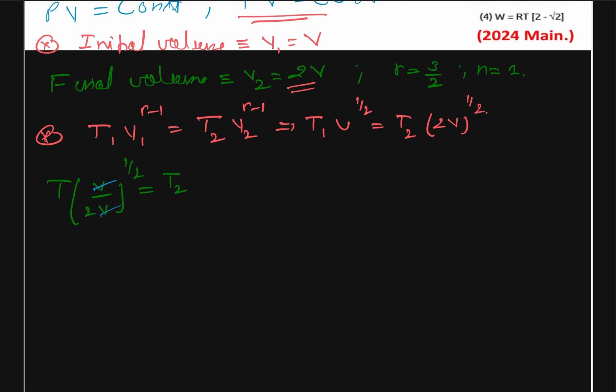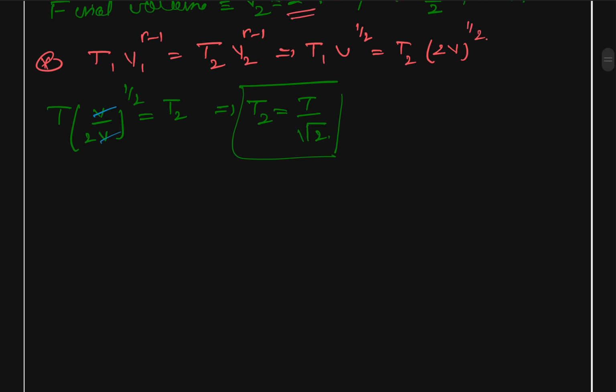So from here we get T2 is equal to T divided by square root of 2. Okay, so we were able to find out this temperature relationship, or we can say the final temperature.